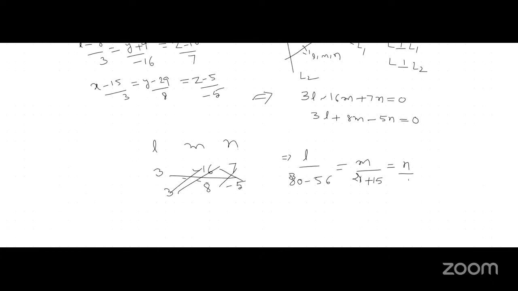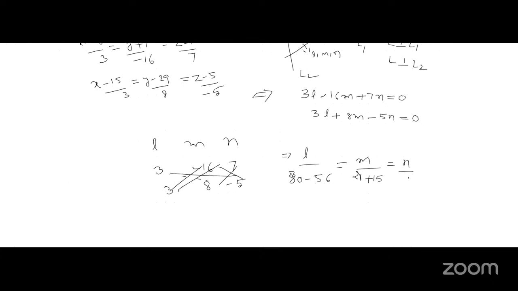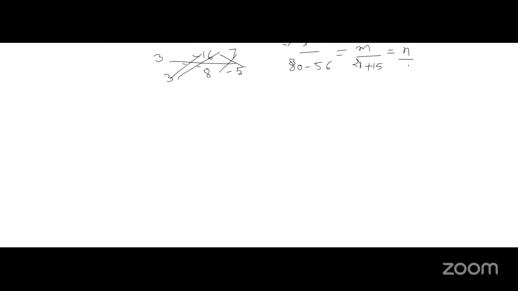So here we are getting the l value 24 and m value 16, n equal to 12. So if you take the ratio, then l equal to 2, m equal to 3 and n equal to 6. Okay.